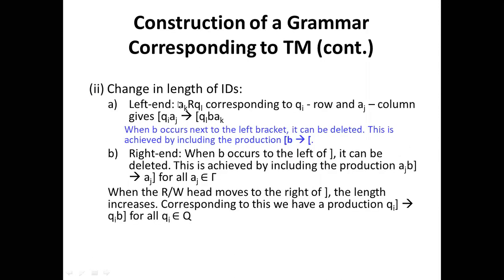In step 2, there is a change in the length of ID. There are two types: one is the left end, another is the right end. In the left end, consider the A_k, R, Q_l entry corresponding to the Q_i row and A_j column, with the left bracket.